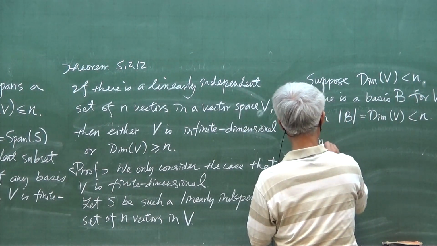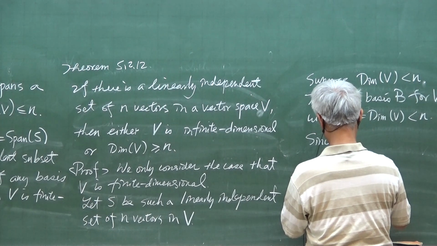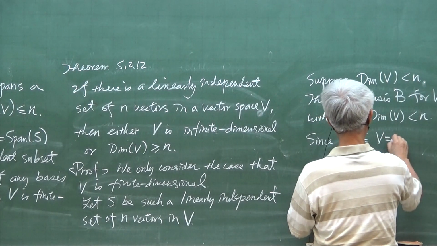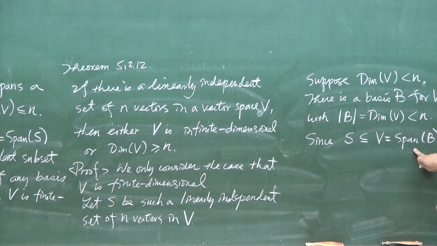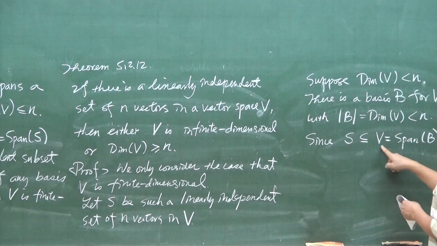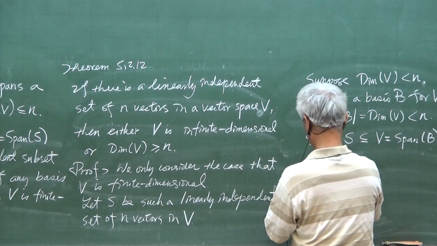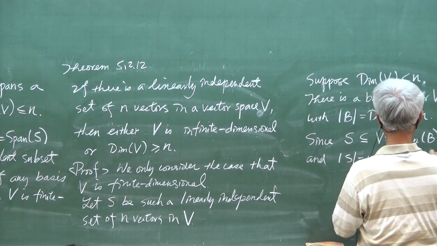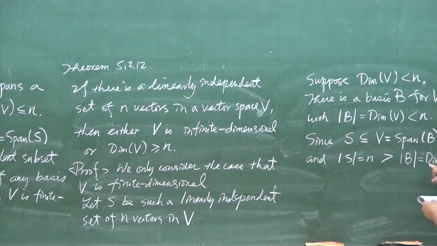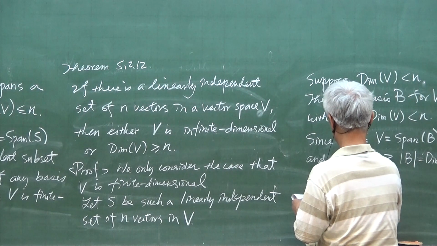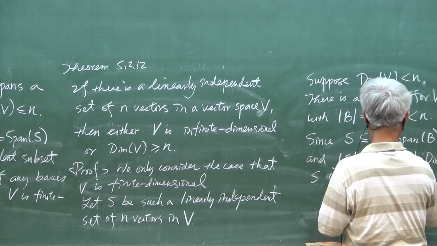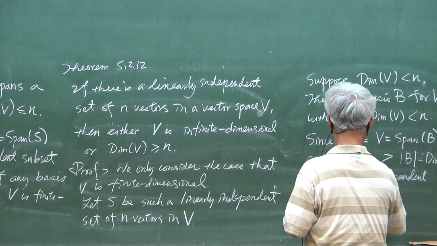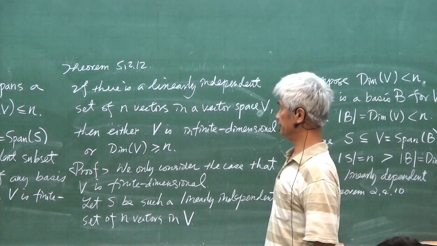Now, since V is the span of B, this linearly independent set S is contained in the span of B, and the size of S, which is n, is greater than the size of B, which is the dimension of V. So S is linearly dependent, again by theorem 2.4.10.